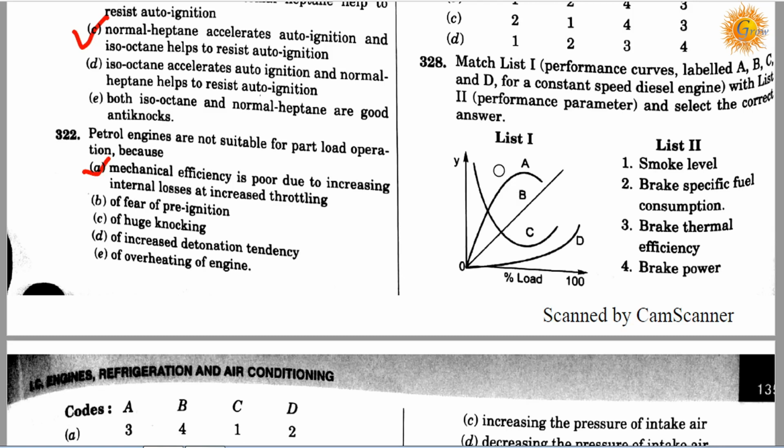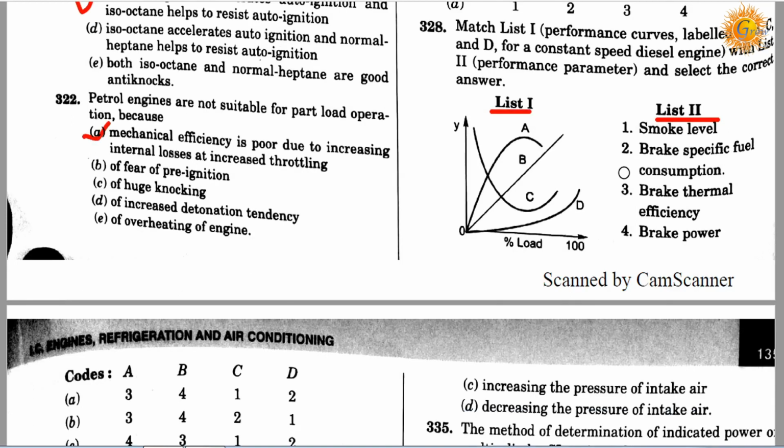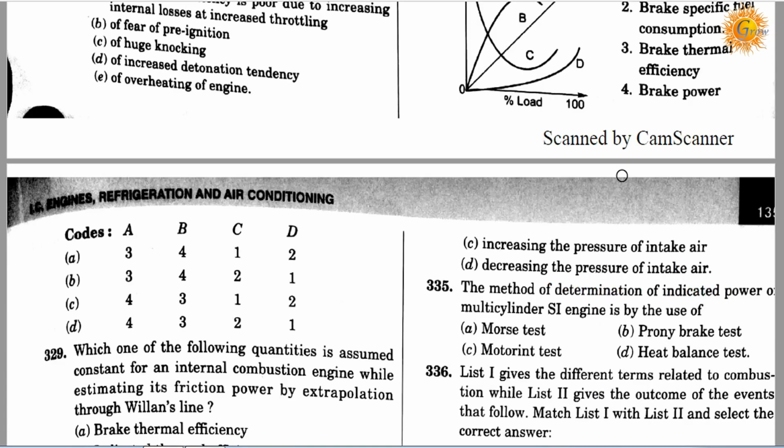Here is the diagram between load percentage and performance. The first list is about these curves and the second list is about different performance parameters. The correct answer will be A.